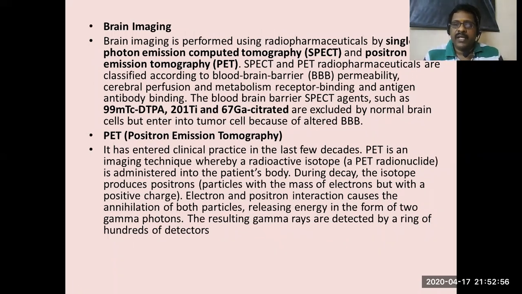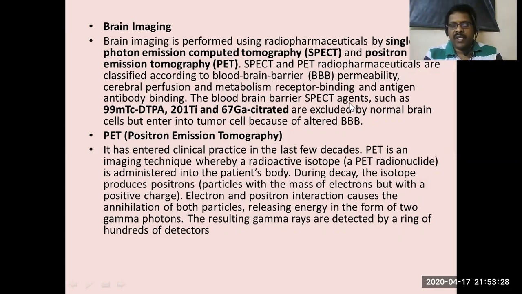Like that, for imaging the brain, we are using radioactive nuclides in positron emission tomography, PET scanning, and single photon emission computed tomography, SPECT scanning procedures. In SPECT and PET scanning, the radioactive pharmaceuticals are classified according to blood-brain barrier permeability.